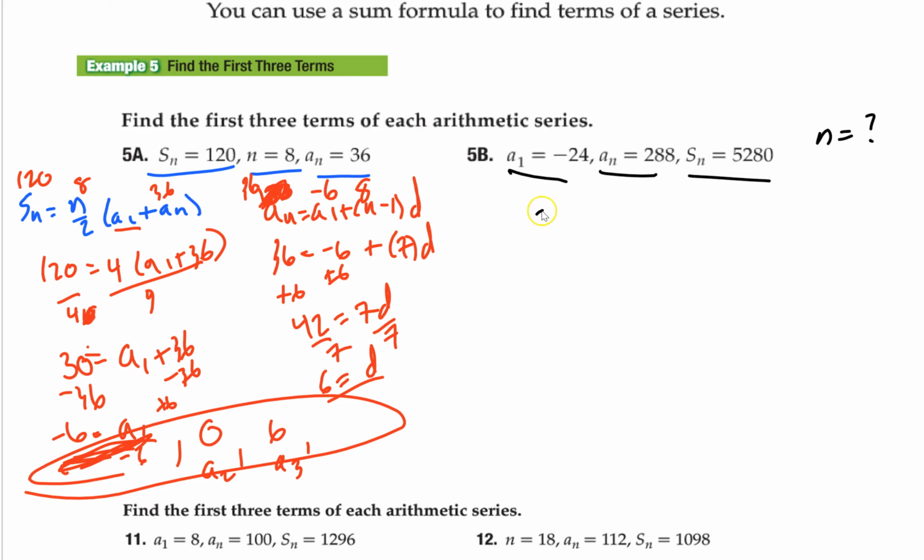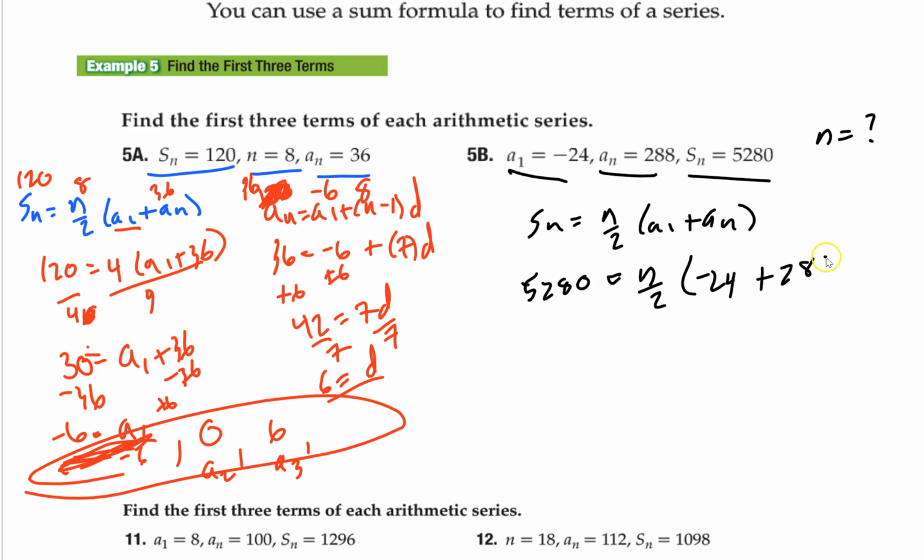So I'm going to use the exact same equation. Plug in your stuff. I don't have n, so whatever. But everything else I can plug in, right? I have a1, I have an. Right, now it's just math.